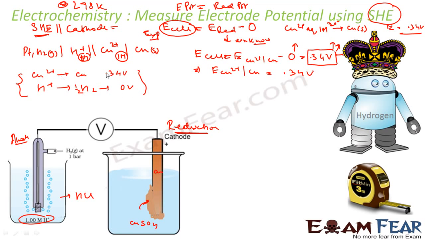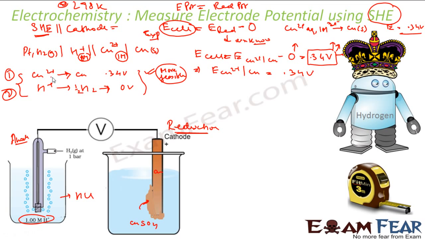You can say that a positive value means this reaction is feasible, correct? More feasible. 0 means okay types. So when you compare these two, this 0.34 is more than 0. That means this reaction is more feasible, more spontaneous, I can say. The first reaction is more spontaneous than the second reaction.